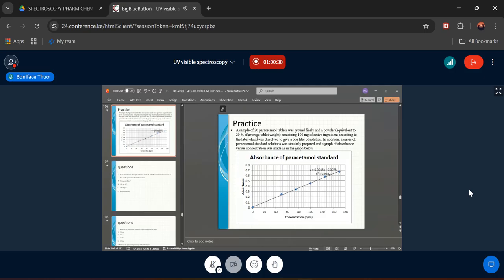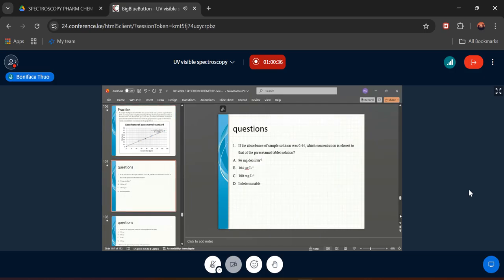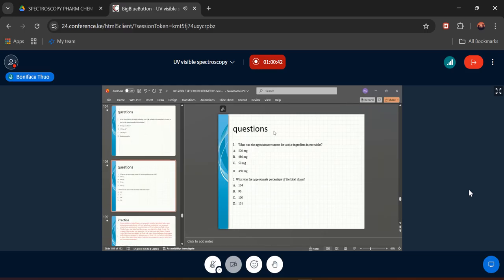So what is 100% of the tablet? You look at that relationship and relate, because you would normally be dealing with a tablet and not a portion of it. So that second question is asking you to relate the measured concentration to the content of the drug in the formulation in question.